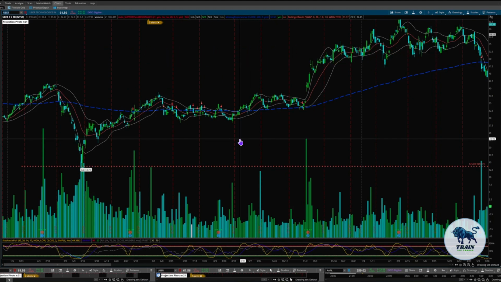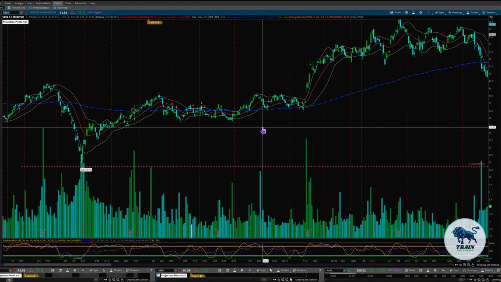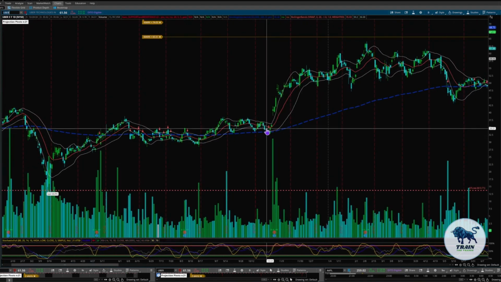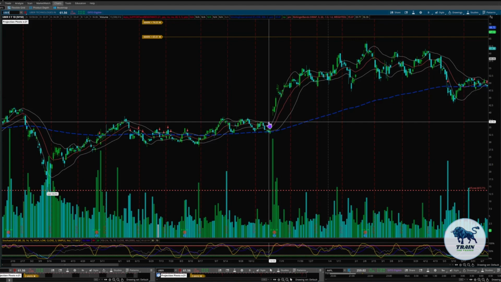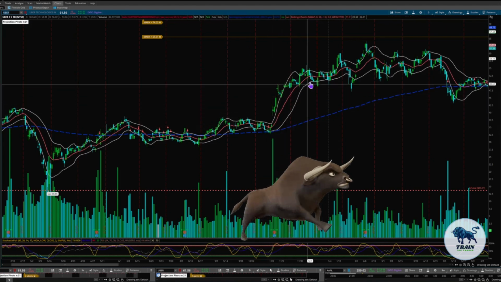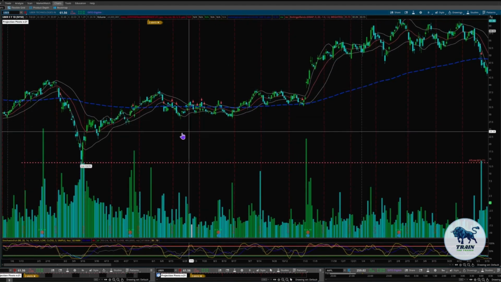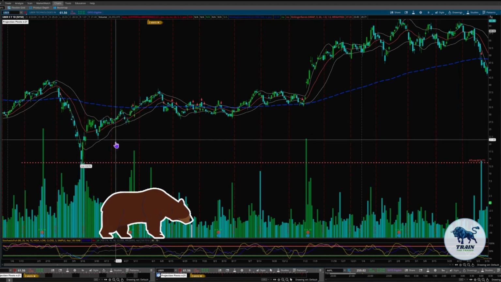When you hear me say EMA, I'm basically saying SMA too, just so that's out the way. All right, back to it. If the price is above the 200, it's bullish. This is a bullish picture. This here is a bearish picture.